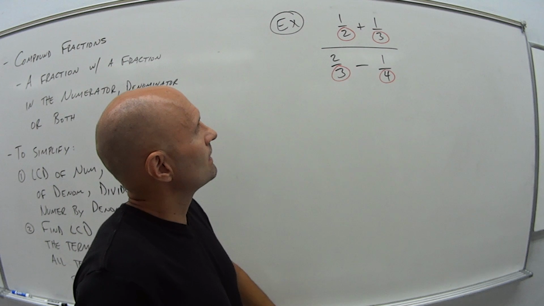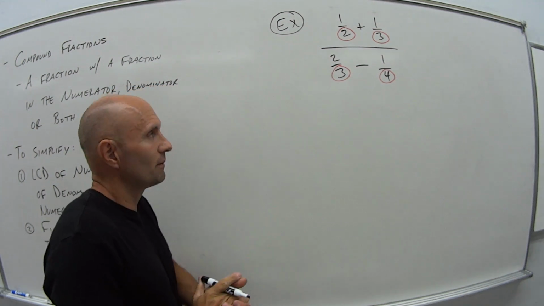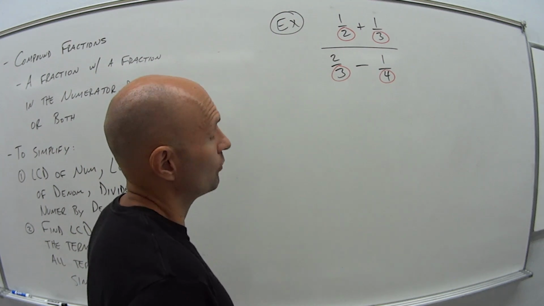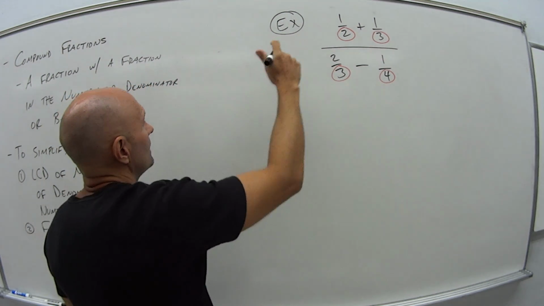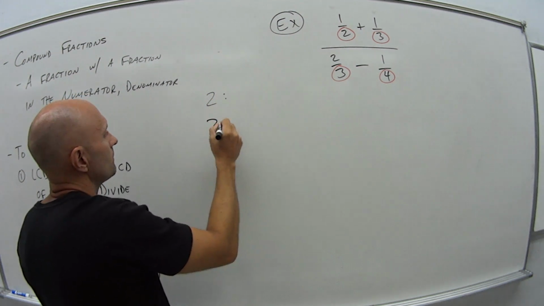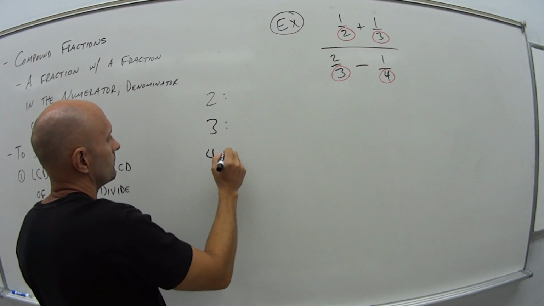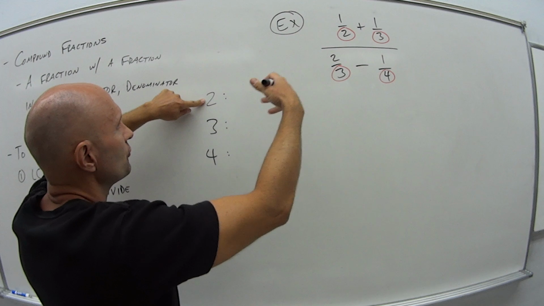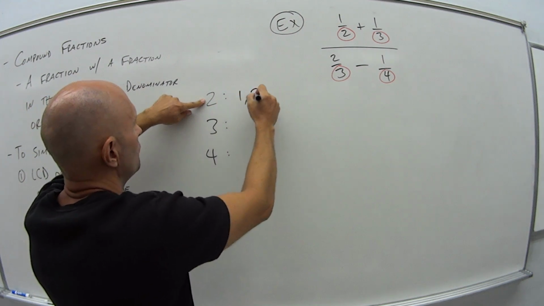So let me show how we find a least common denominator in case maybe you've forgotten or maybe it was never taught to you. I'm going to take each of them, 2, 3, and 4. So the factors of 2 are 1 and 2.